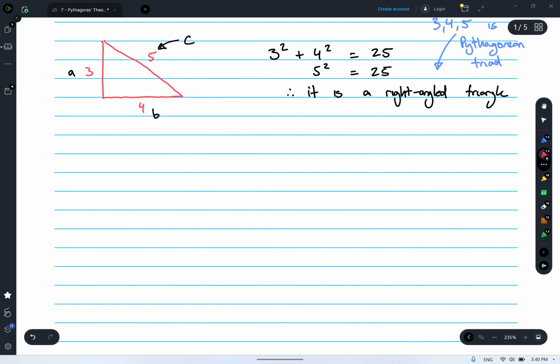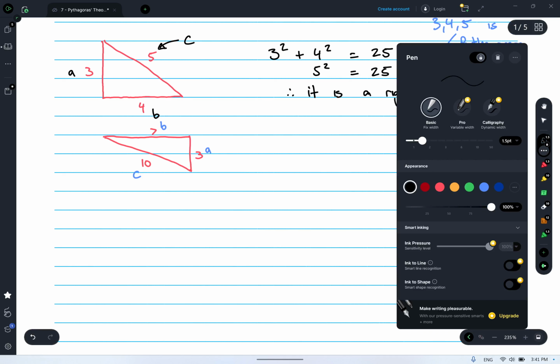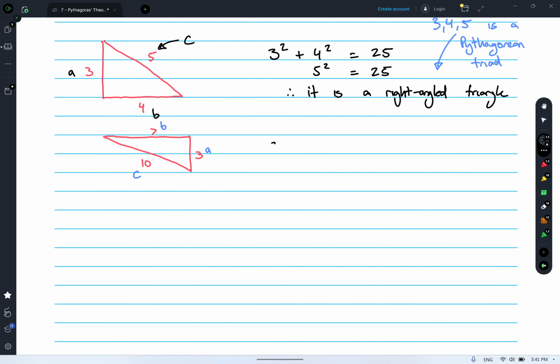If we tried another one, maybe we could make it look a bit different. So say I had, maybe this was 10, maybe this was 3, and this was 7, and I wanted to check if this was a right angle triangle. So first things first, we need to check which sides we have. So that's going to be the hypotenuse. Here's our A, here's our B. So from that, if I did 3 squared plus 7 squared, well, we know 3 squared is 9, 7 squared is 49, so that equals 58.